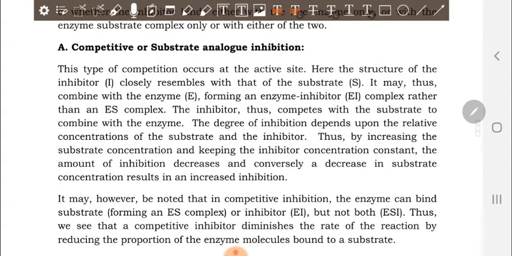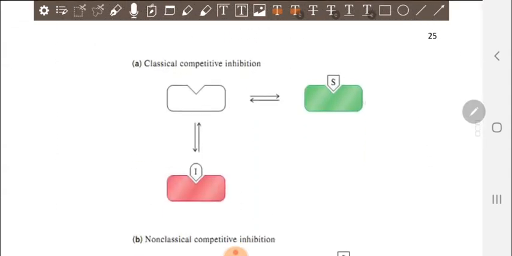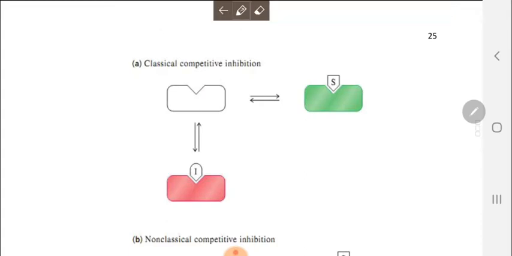The first one is competitive type of inhibition. This is the diagram depicting the mechanism of competitive inhibition. This is the enzyme, and this area is the active site. The active site is the site for binding the substrate.